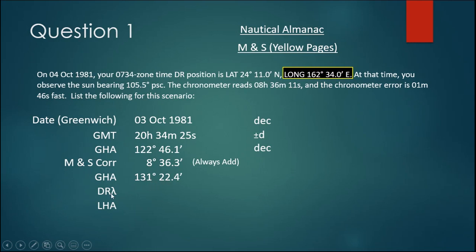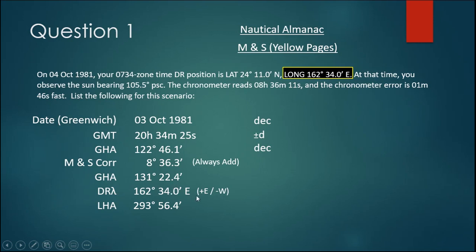Next is our DR lambda, or DR longitude, which comes from the problem. Here it's 162 degrees, 34 minutes east. So we'll put that in. And now if your DR longitude is east, we're going to add it to the Greenwich hour angle. If it's west, we'll subtract it from the Greenwich hour angle.